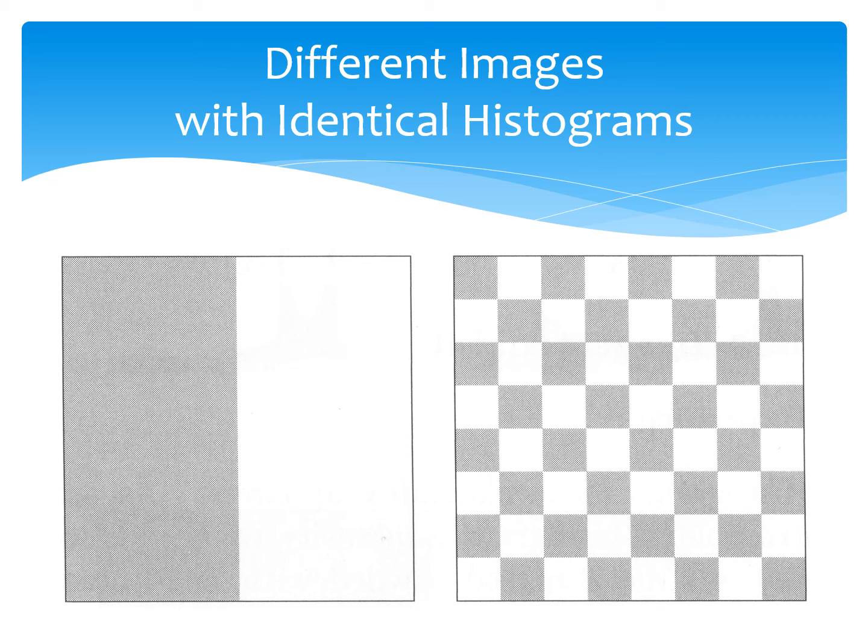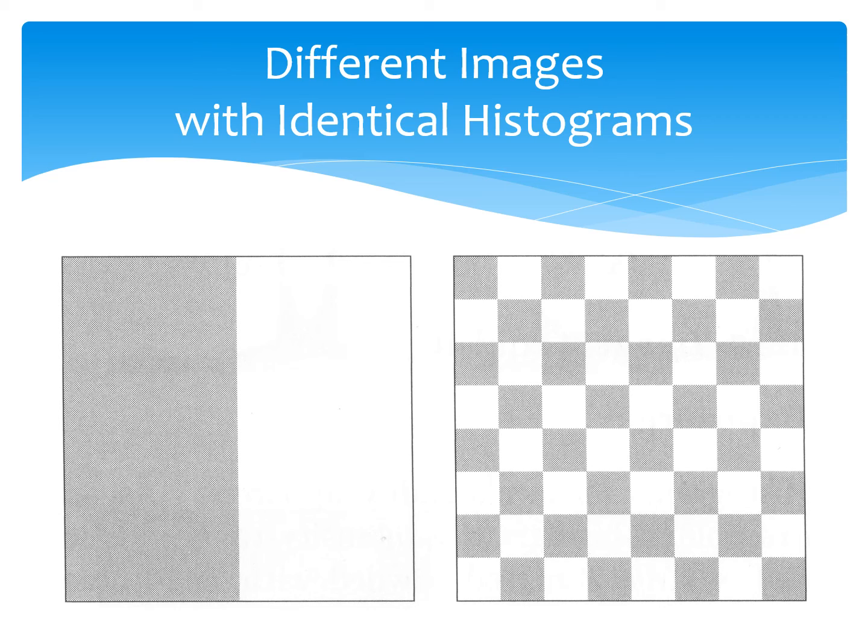It is worth noticing that histogram can be used to describe the pixel intensity distribution, and thus is usually used to represent the character of an image as a visual feature. However, two different images may have the same histogram. For example, the two images on the screen have identical histogram due to the fact that the number of gray pixels and the number of white pixels in both images are the same.